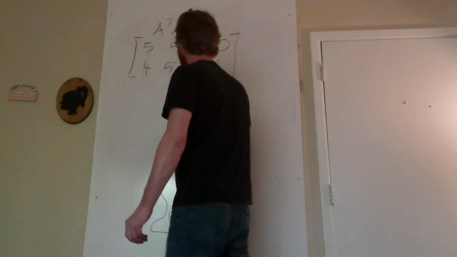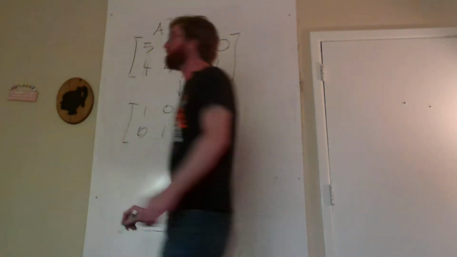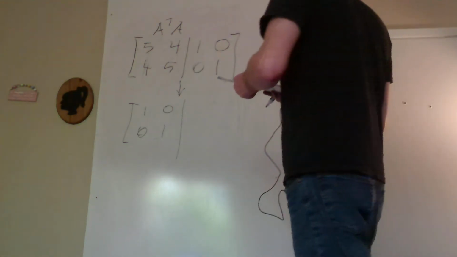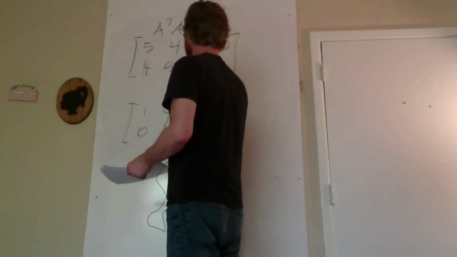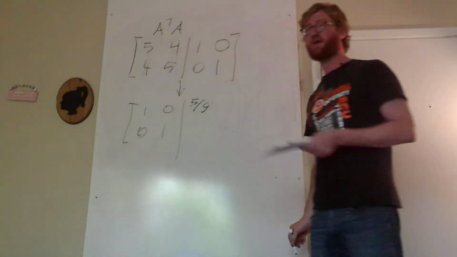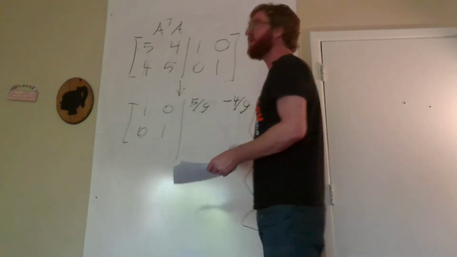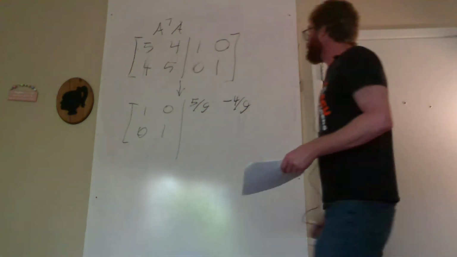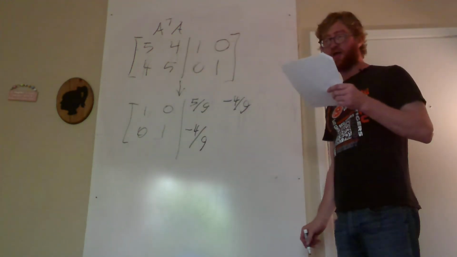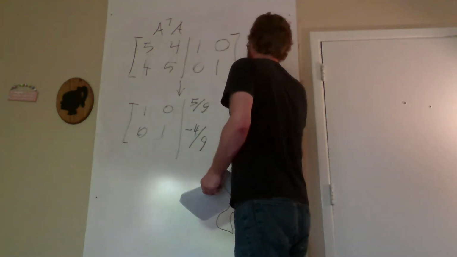Well, I already calculated it. 1, 0, 0, 1 augment. I'm going to have to make this a little bit bigger because there's a lot of fractions involved. This one right here is 5 over 9. The portion that goes right here is negative 4 over 9. This one right here is negative 4 over 9, and the one that goes right here is 5 over 9.